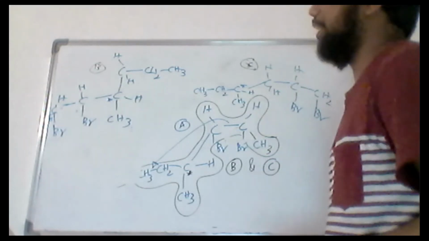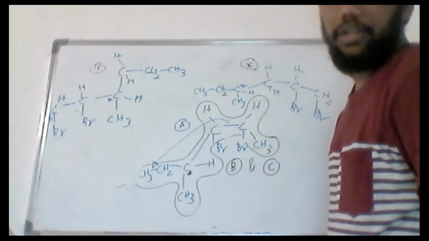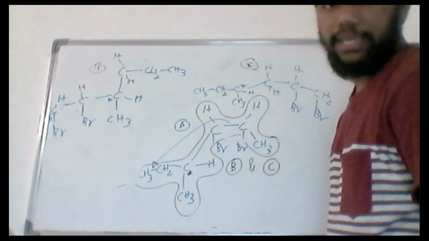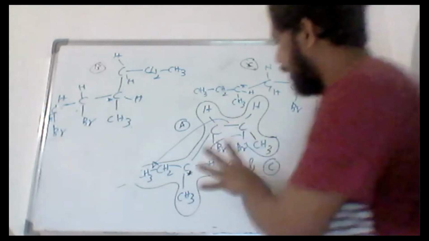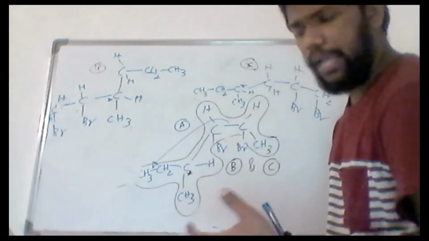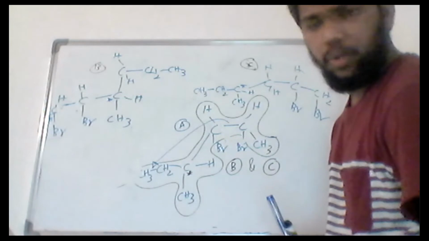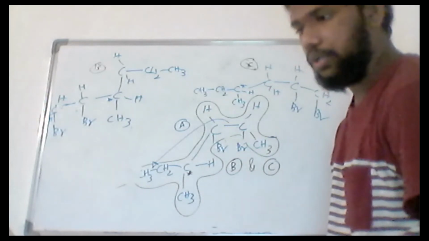And second reaction is dehydrobromination, that is the reaction with alcoholic KOH. Okay, and they say A forms two compounds. Now think about A. Now this is A. Okay, so when you put alcoholic KOH, what can happen here? That is the idea that you need to do.